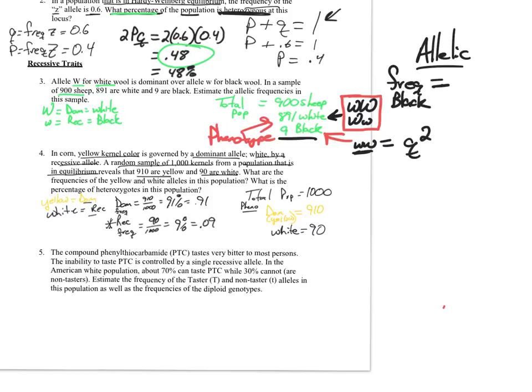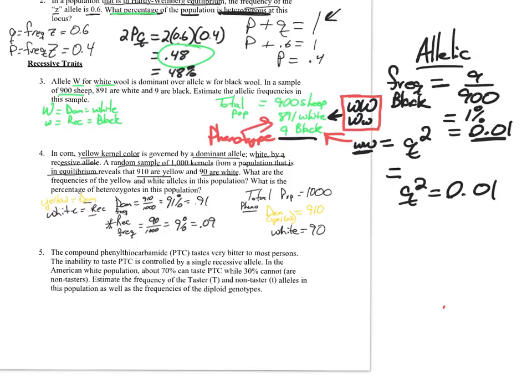It's not 9. 9 divided by 900, which is 1%, or that's right, 0.01. And that's the number we want to use. So if we know Q squared equals 0.01, how do we find Q? Since P plus Q equals 1, right? Well, we're not there yet.